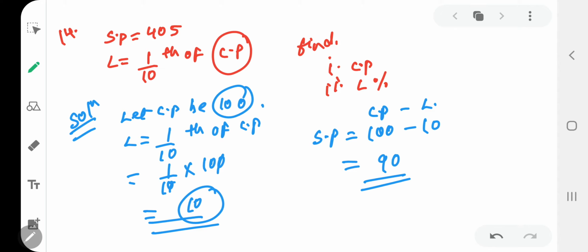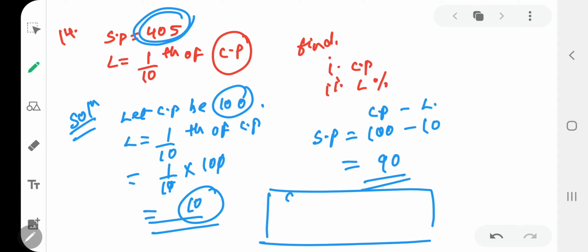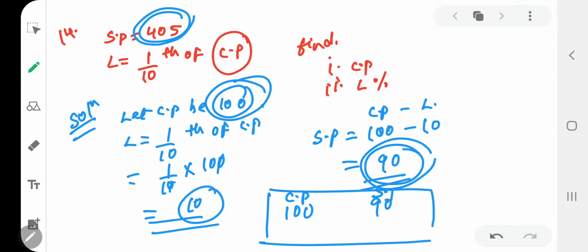But my dear kids, the SP given here in your problem is 405. So we will go for unitary method. That means if your CP is 100, you got SP as 90. But what will be your CP to get SP as 405?